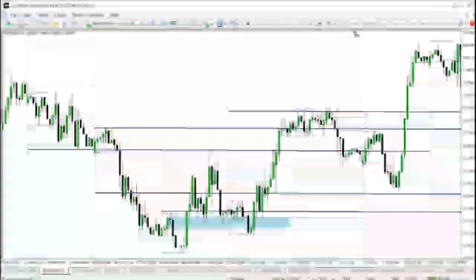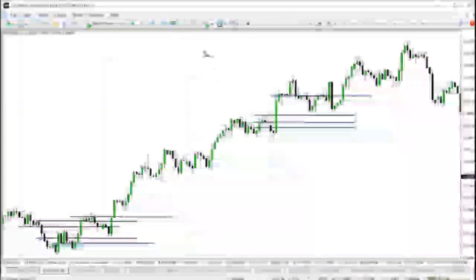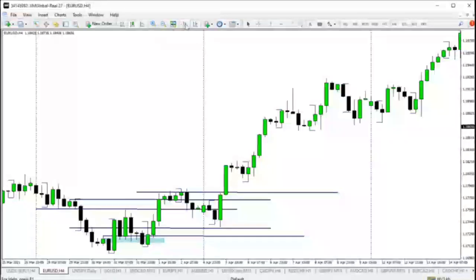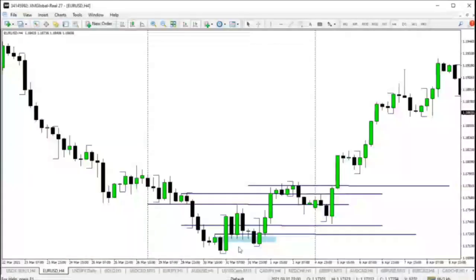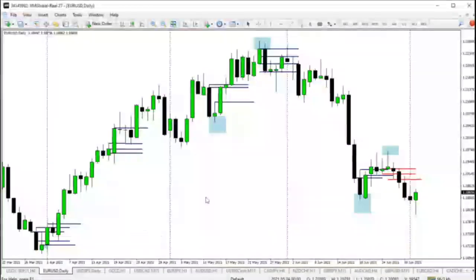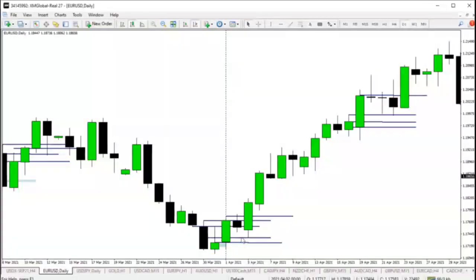Okay, so let me check which one it was exactly. The second candle was actually this one here. Oh, no. The second candle here was the equilibrium of the order block.